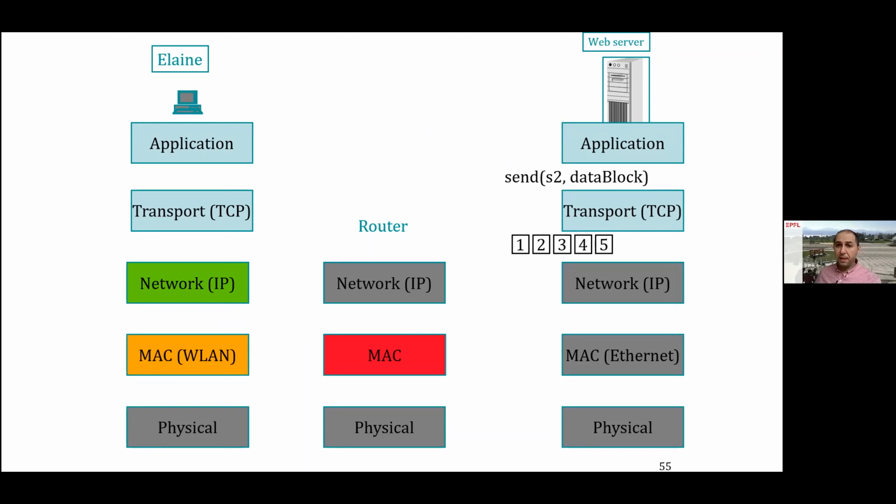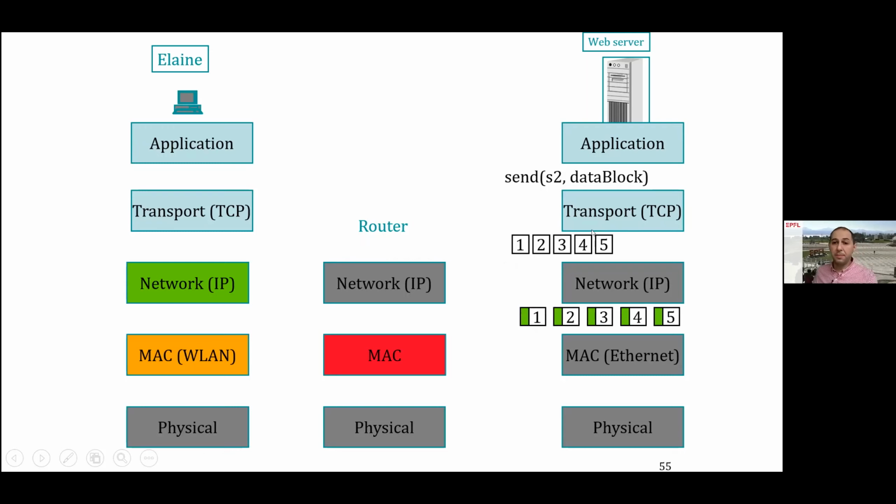So the file is segmented, packetized into 5 different segments. Every segment has some small header that does not appear here. This header indicates the source and destination port numbers, the numbers that identify the application on top of the transport layer, and also within the transport header we have other control information.